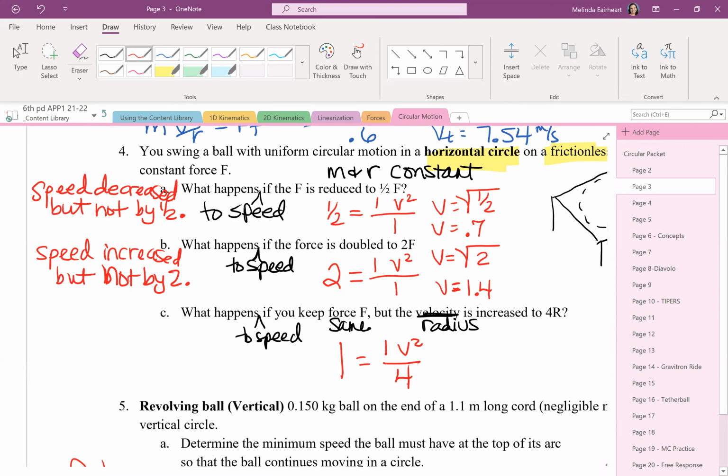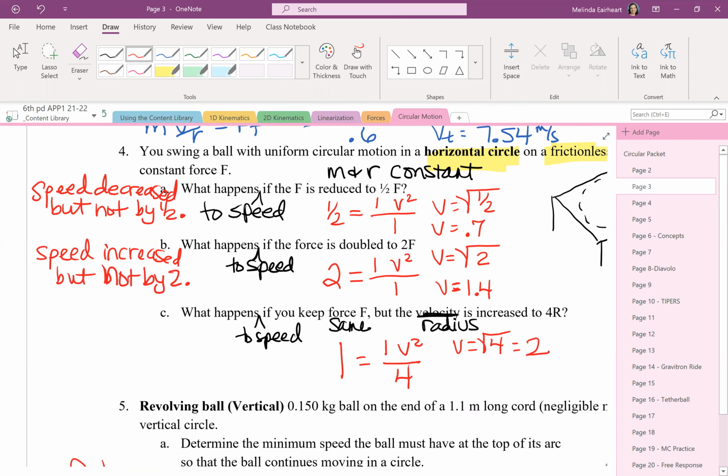So now to solve for V, what do we get? It comes out to 2, because when you solve for V squared, you get V squared equals 4. V would equal square root of 4, or 2. And so when you quadruple the radius, it actually ends up with a double speed, okay?